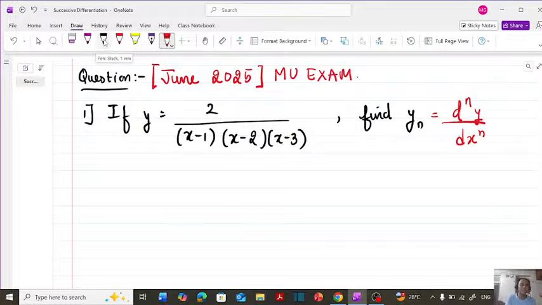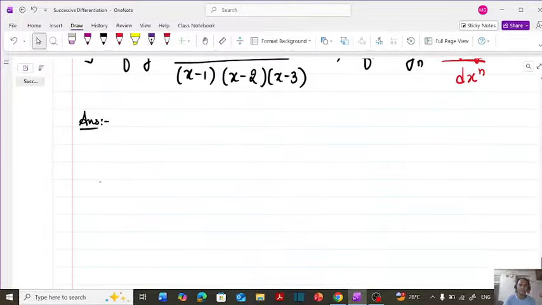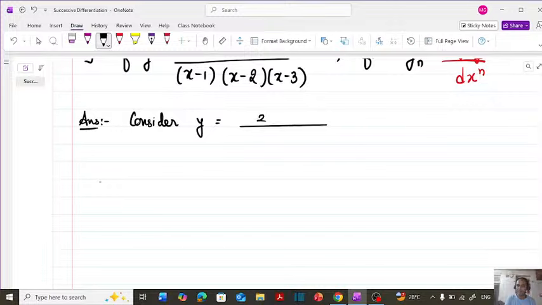Alright, so let us see how to go about the answer. You write the function. Consider y equal to 2 over (x minus 1)(x minus 2)(x minus 3).